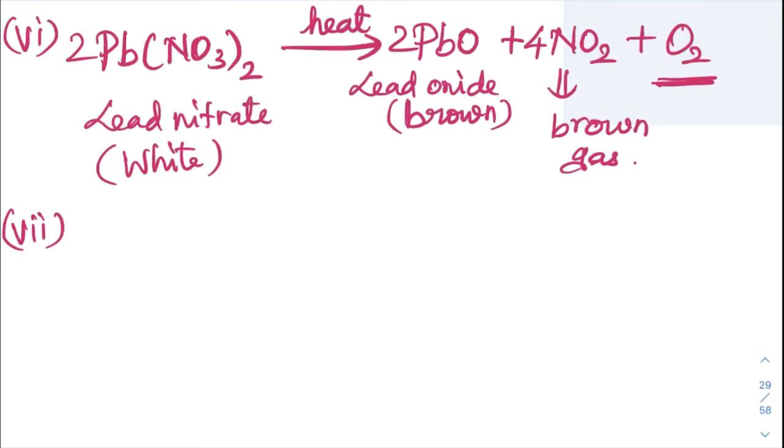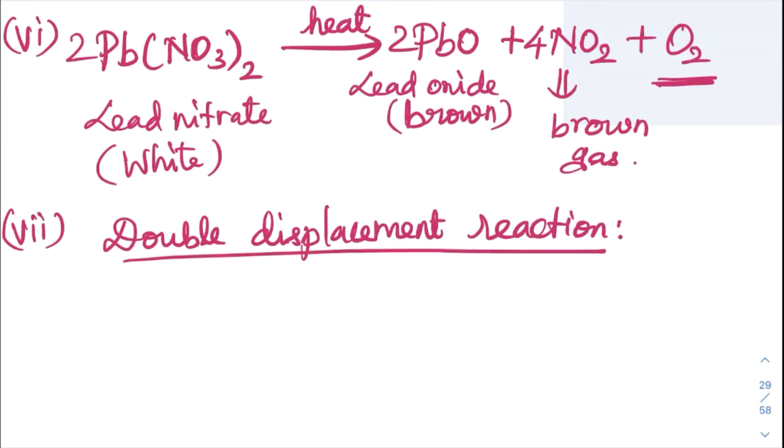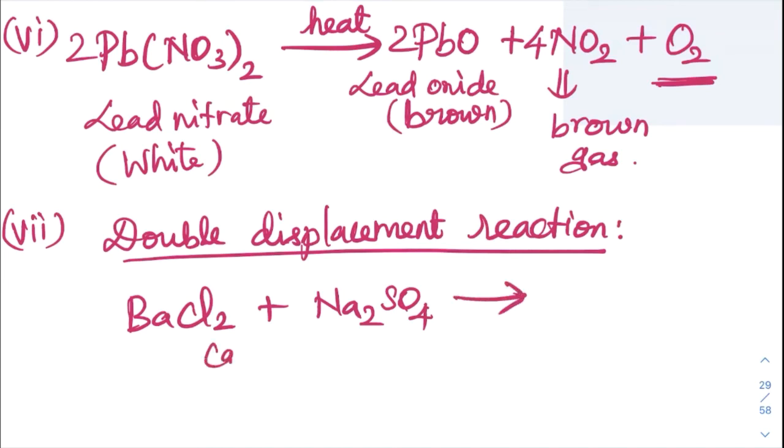Last and final example we have seen, namely double displacement reaction of barium chloride and then sodium sulfate. Barium chloride formula BaCl2, sodium sulfate formula Na2SO4.